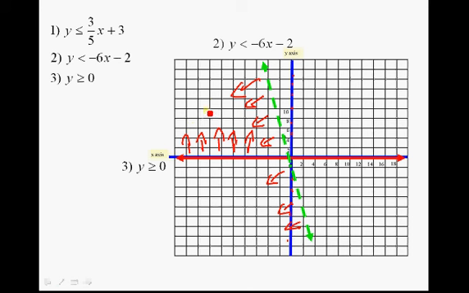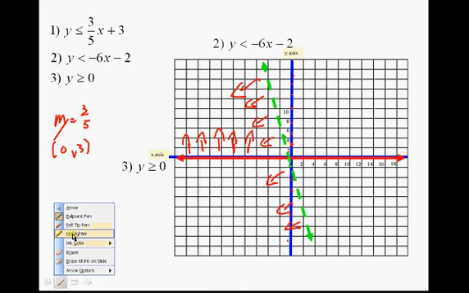Now we need to take a look at inequality number 1. We know the slope m is 3 over 5, rise over run, and the y-intercept is 0, 3. We'll graph the y-intercept. That's this point right here. Let me maybe use the ballpoint pen, oh, that's blue, that's not going to help.